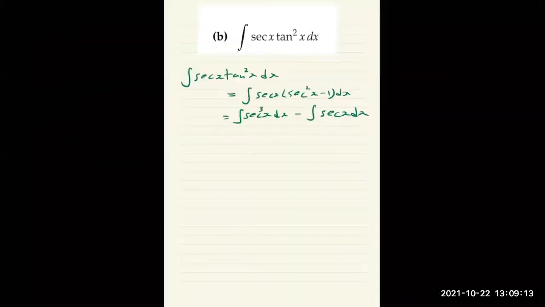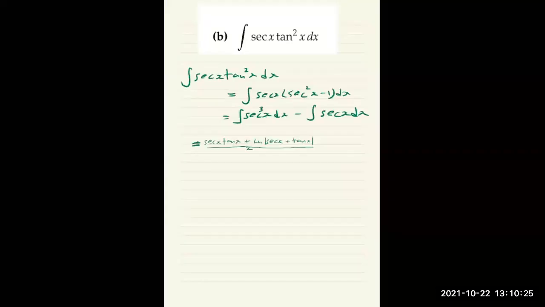Okay, so this will be equal to this, the integral of secant cube x from the previous example. This integral is equal to this expression right here, minus the integral of secant x, which is known by the theorem that we learned today.